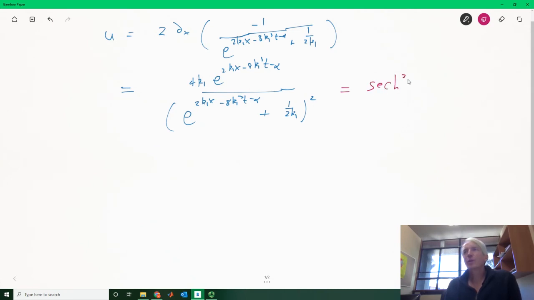sec squared of something. So wasn't that the a sec squared? So what is that equal to? So the secant is 1 over cosh of whatever. Let's call this number, I don't know what letter we use, alpha, and alpha's already been taken, now let's use beta.